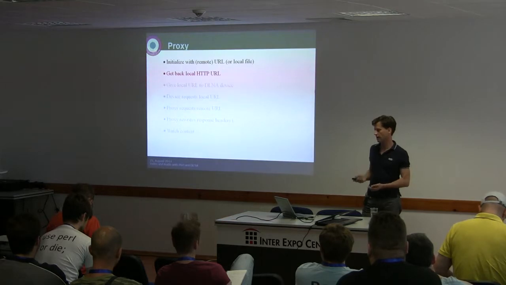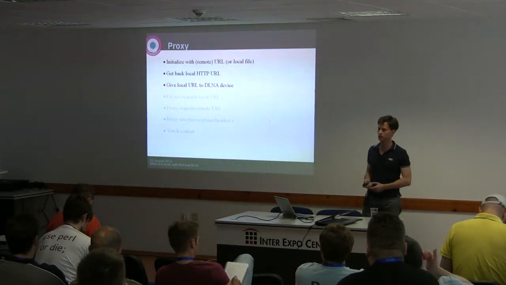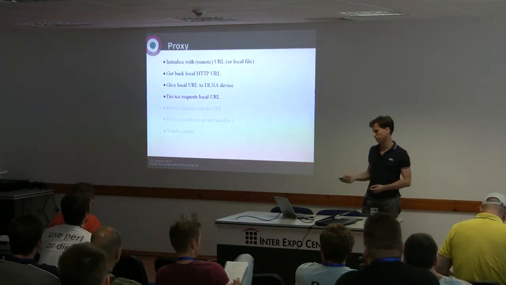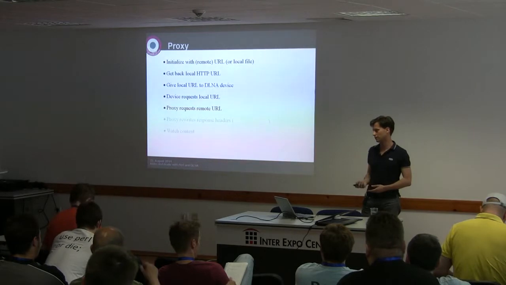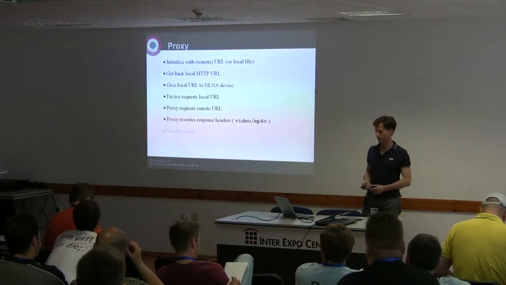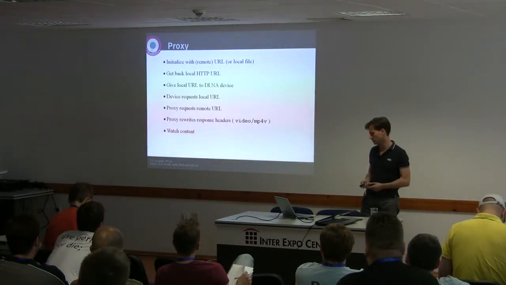We initialize that proxy with a remote URL. We create a local URL and give that URL to the DLNA device. And then that DLNA device comes back to us, says, please give me the data for that URL. And then we request the remote URL, rewrite the headers, and then finally we can watch the content of YouTube.